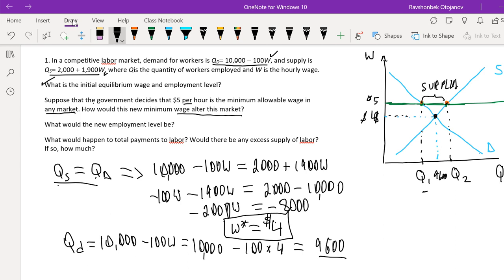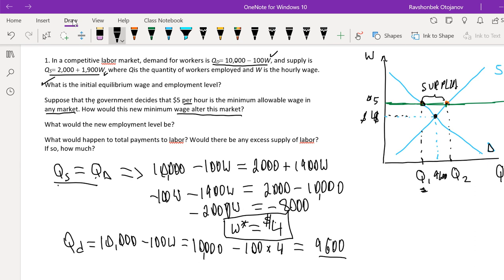Now, what would be the new employment level? As I said earlier, employed people would be found by plugging in. Actually, I didn't say that, did I? I just mentioned that this would be the number of people employed. Yes, the number of people employed is along the demand line, because demand is now represented not by the consumers but by the employers, the firms.